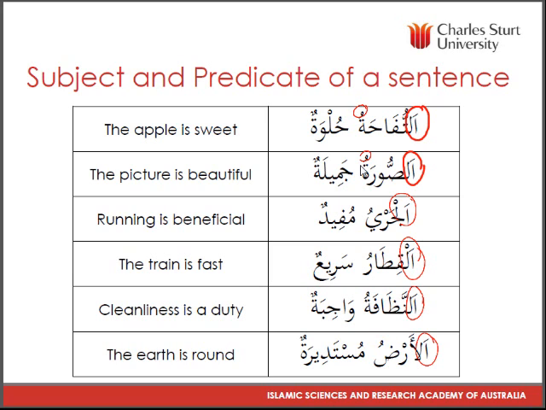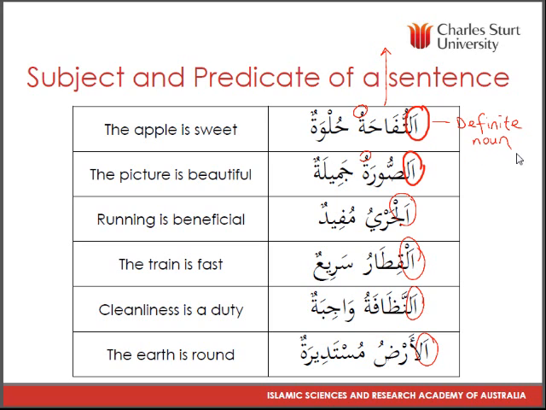But in here we are talking about the main parts of jumla ismiyya, nominative sentence. So in Arabic, jumla ismiyya means sentence with noun, starts with noun. These are nouns. These are all definite nouns, isn't it?